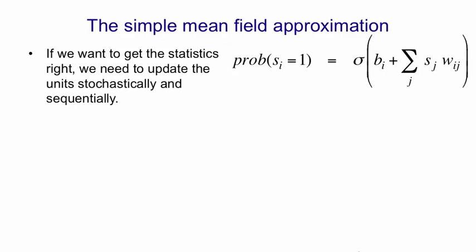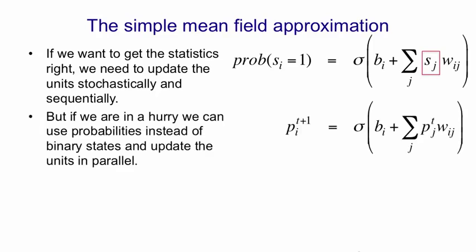And the update rule is the probability of turning on unit i is the logistic function of the total input it receives from the other units and its bias, where s_j, the state of another unit, is a stochastic binary thing. Now, instead of using that rule, we could say we're not going to keep binary states for unit i.